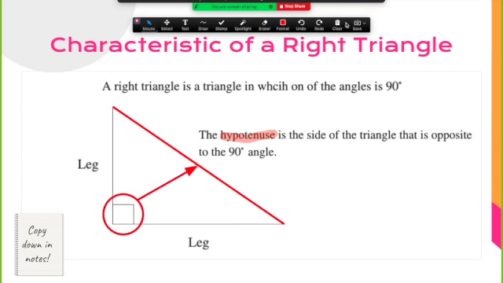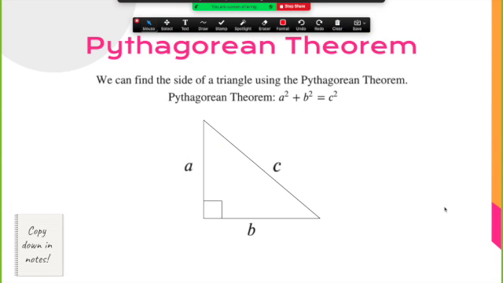All right, let me clear this and then let's look at the Pythagorean Theorem. Whenever we're looking at the Pythagorean Theorem, we use the formula a to the power 2 plus b to the power 2 equaling c to the power 2. Now, as you can see here, a is just a leg. So we're squaring the length of the leg, and then we're also going to square the length of the other leg here.